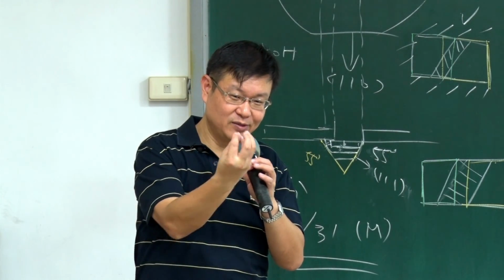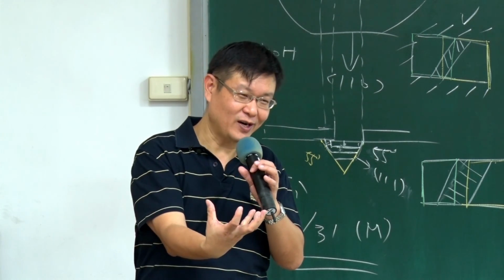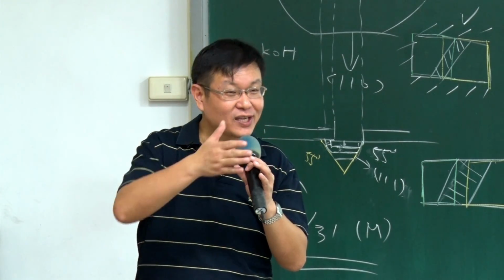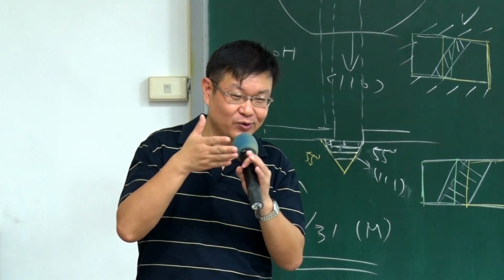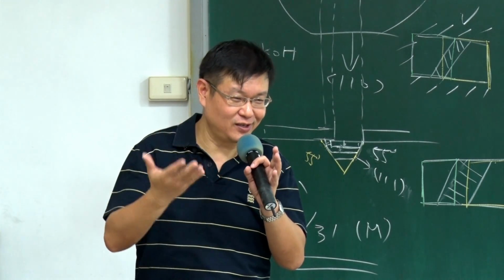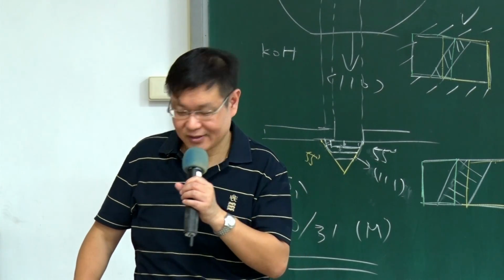So once you have a small hole on the mask, you get a large hole underneath after the etching. So you need to consider how to do the compensation to reduce the original size of your mask, so that you get the final structure as your design. Okay, so you need to consider the compensation.